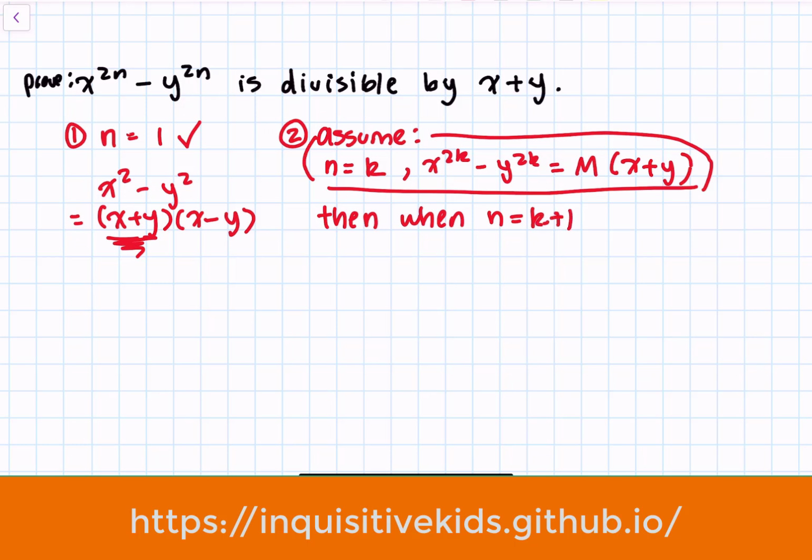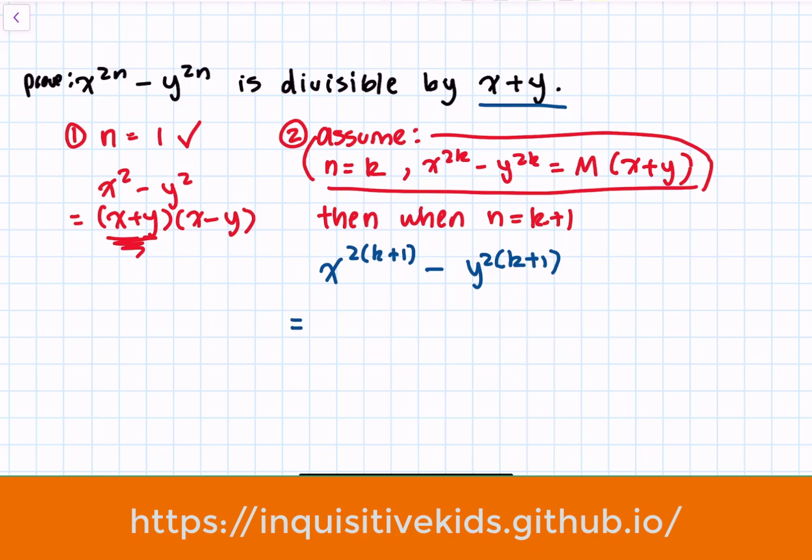This is where we have to actually write it out and calculate it. So we have x to the 2 times k plus 1 power minus y to the 2 times k plus 1 power. And just so you know, our goal is to simplify this expression down to where we have something multiplied by x plus y.